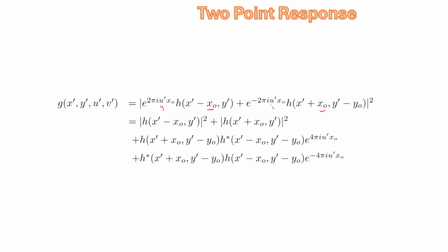We take the magnitude squared. Of course, we have the impulse response due to each one of the impulses individually. And then we have this interference term between the two impulses.